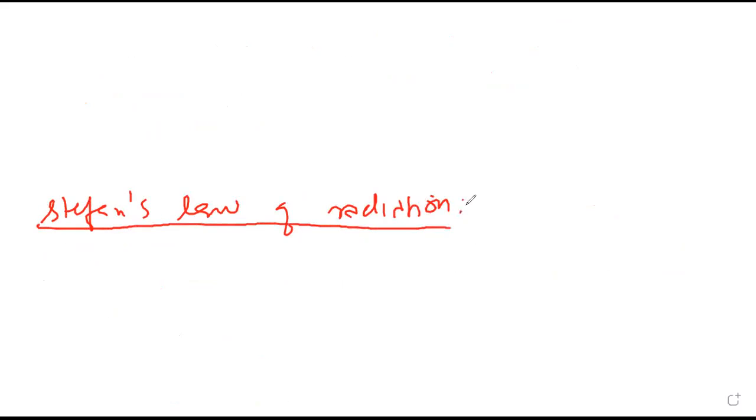Stefan's law of radiation. Again, because it is radiation, it will emit something. But it is defined for a perfectly black body, even though it can be used for any body.